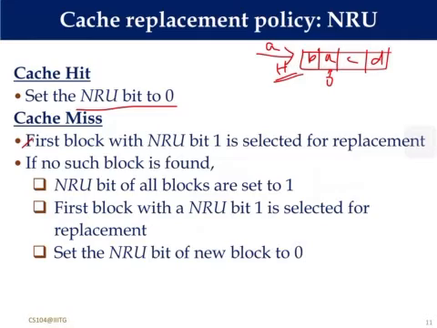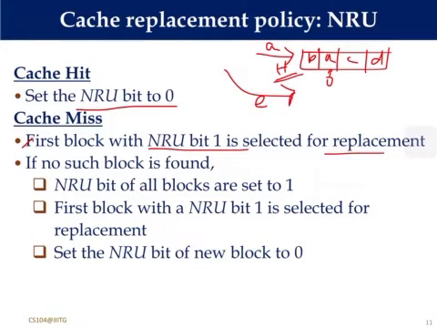the first block with NRU bit 1 is selected for replacement. Whenever a miss happens, we assume that the cache is filled with some items and some, say, E is referenced. Of course E is referenced, that's why it's a miss.